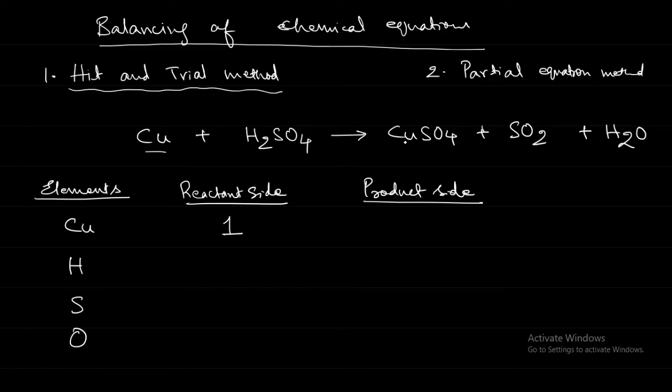On the product side also one copper atom. Hydrogen on the reactant side: two atoms of hydrogen are there, and here on the product side also two atoms of hydrogen are there. Sulfur: yes, here sulfur on the reactant side is 1, on the product side 2.